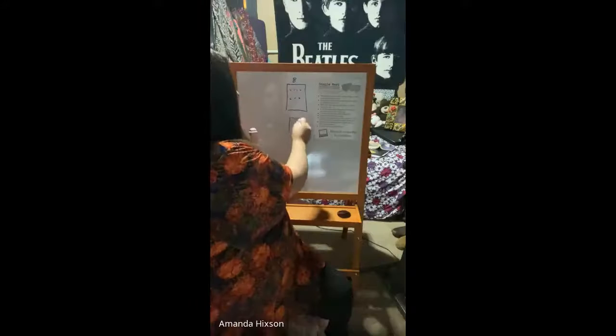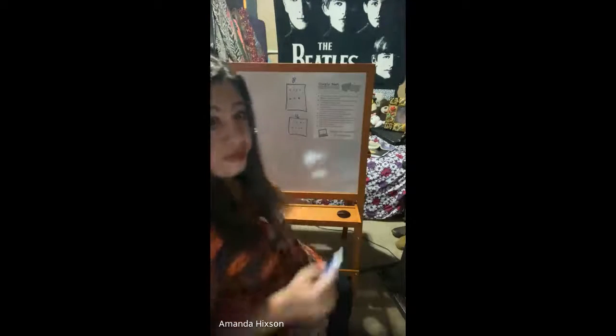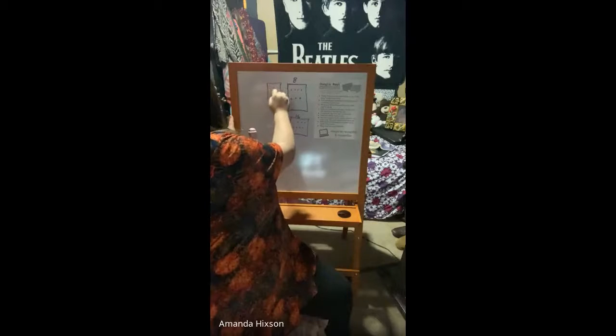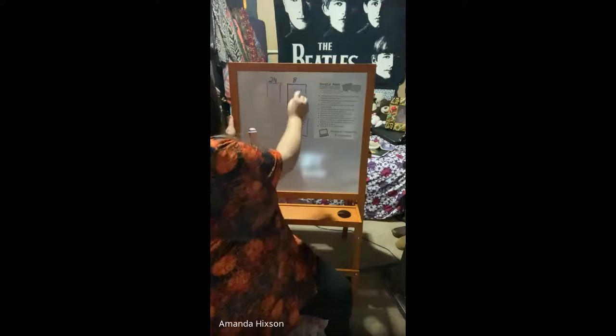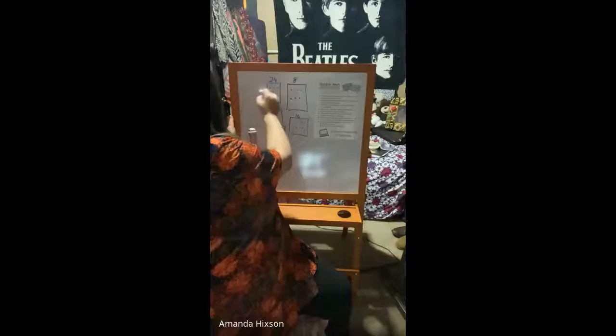Then I made another box and I put 8 more CDs in it. And if I counted all the dots, I had 16 CDs. That's still not enough. Then I made another box and I put 8 more. That's 24 CDs if you count all these dots. And I kept doing it.